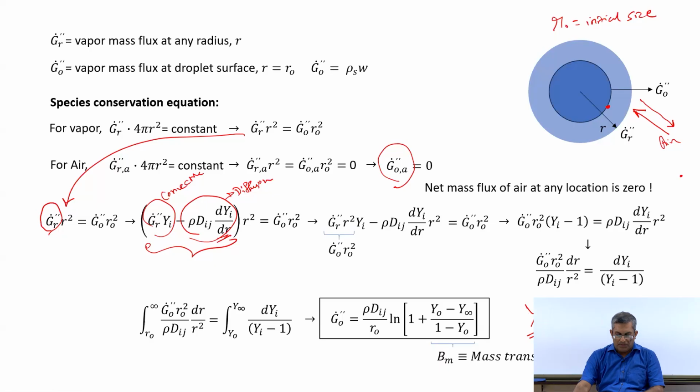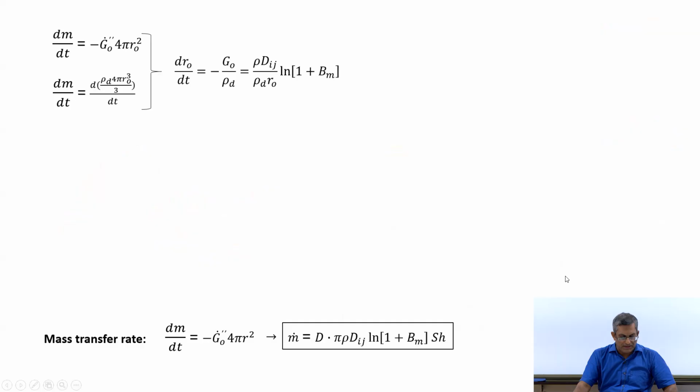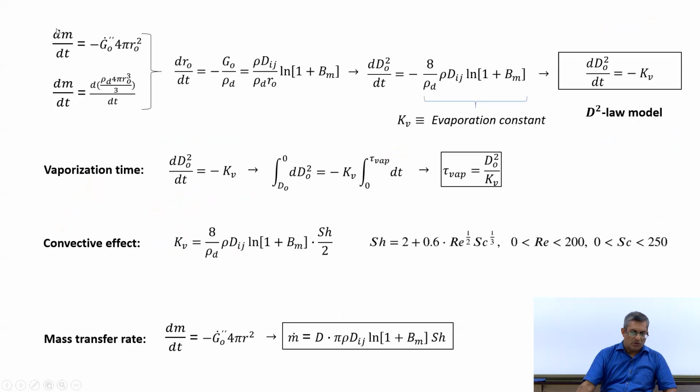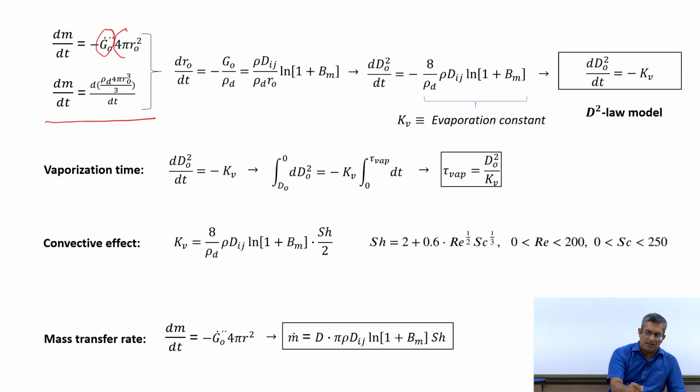So, we have derived the expression for the mass flux. Now, this leads to some interesting results. So, now let us first consider this. So, once we know what is G naught, we can multiply that with the surface area of the droplet to get the mass flow rate of the vapor, or rate of change of droplet mass.